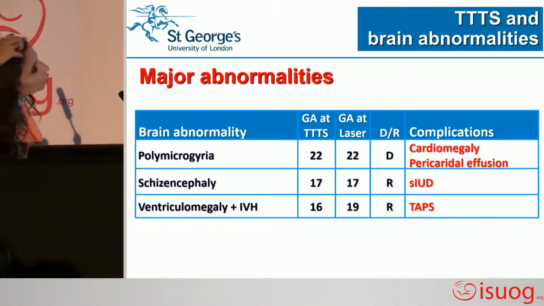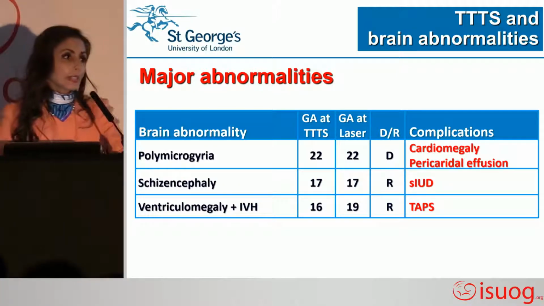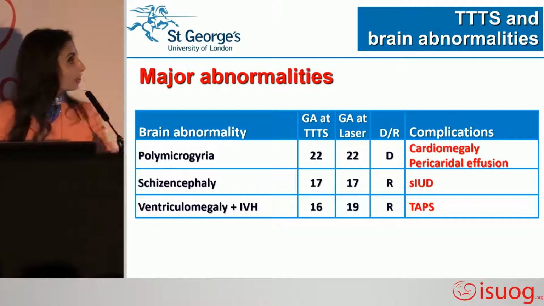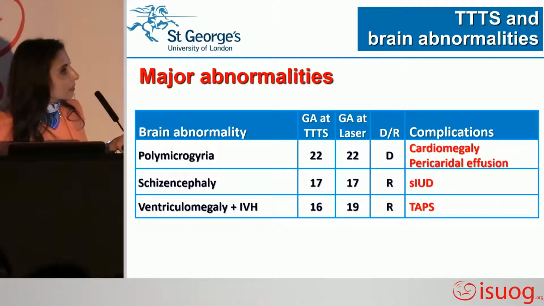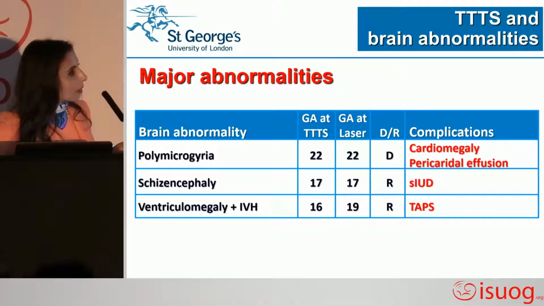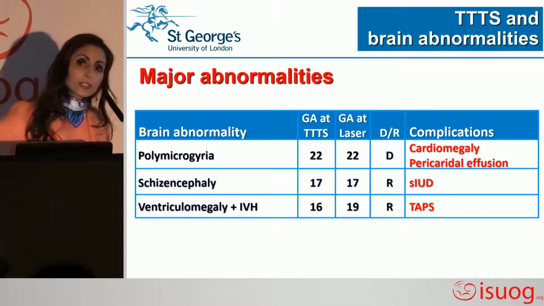Okay, so I'm just going to show you these cases that we had, which were not straightforward TTTS cases. The case that had polymicrogyria was diagnosed at 22 weeks and had laser at 22 weeks. The affected baby was the donor, and the baby had persistent cardiomegaly and pericardial effusion even after the laser.